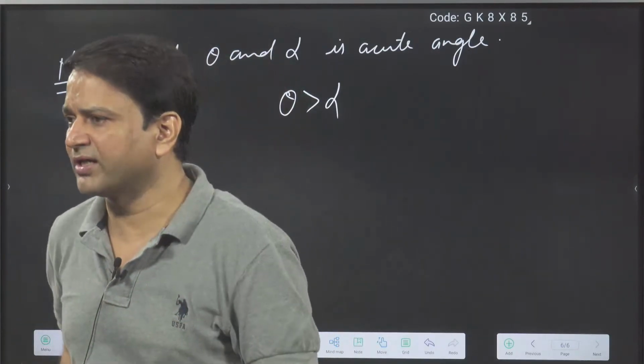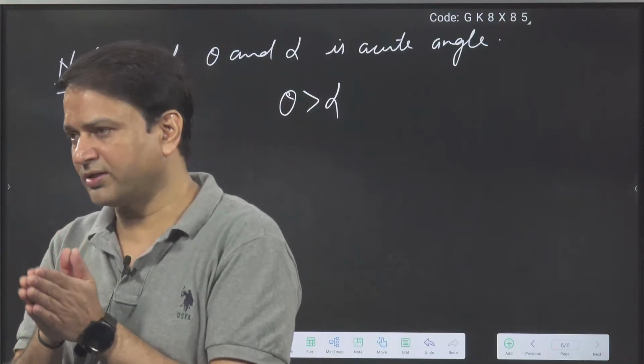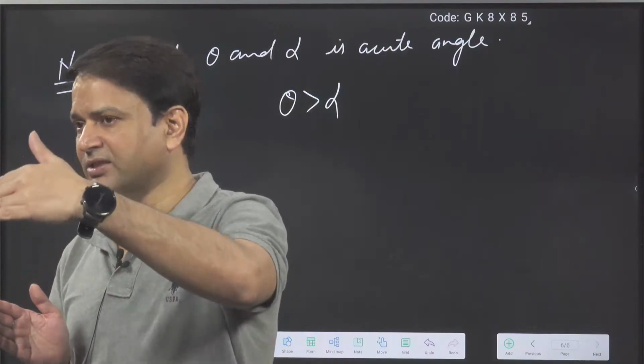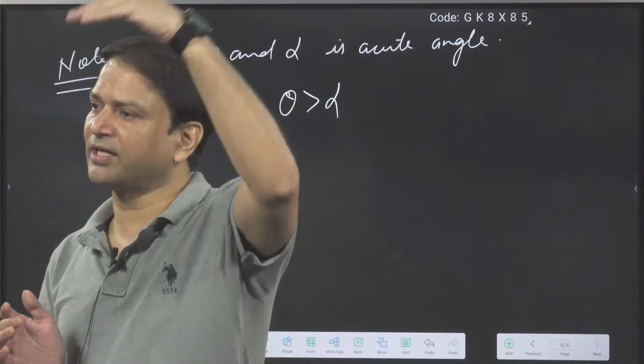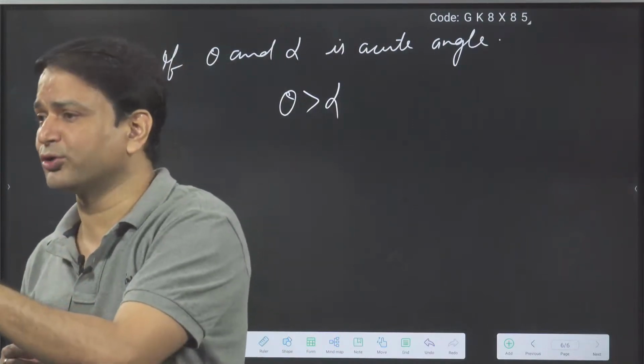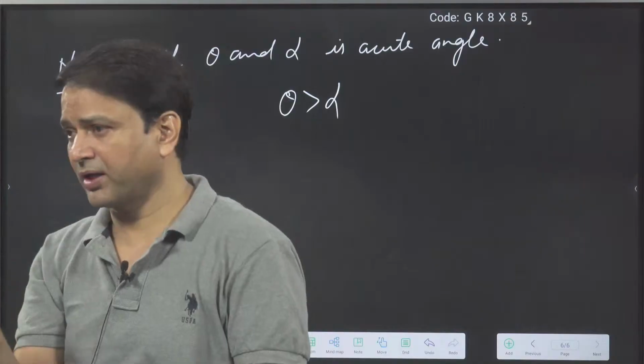What is the meaning of increasing? If I take theta 0, sine 0 is 0. Okay, sine 30 is 1 by 2, sine 60 is root 3 by 2, sine 90 is 1. So as the angle is increasing, sine theta is also increasing. Okay, so we can say sine theta is an increasing function in the first quadrant.